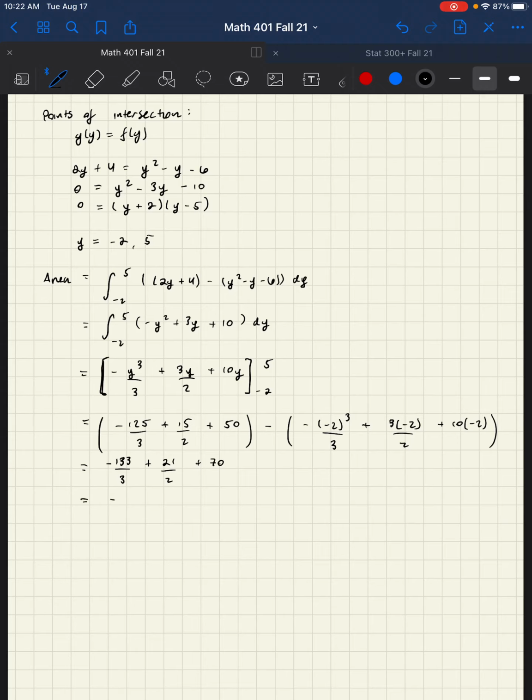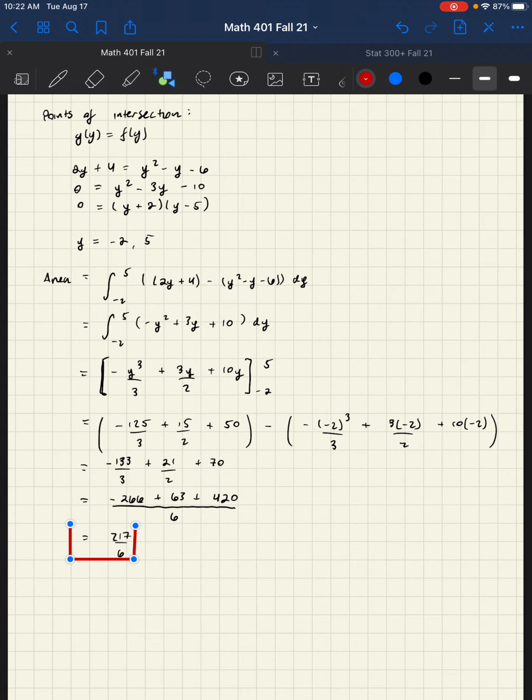And if we get a common denominator, this will become negative 266 plus 63 plus 420, over 6. And then combine the numerator, 217 over 6, which is positive, which means we did this right. Okay, that's our answer. So I said this is a basic example just because we have already done this.